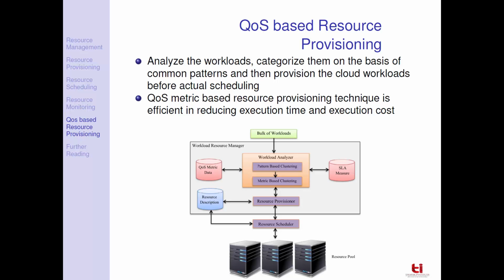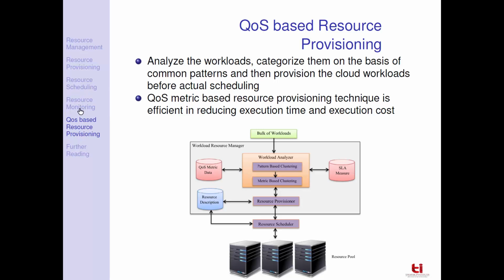To sum up, in this lecture we have studied resource management, which broadly has two components: resource provisioning and resource scheduling. We saw the objective of resource provisioning and the types of resource provisioning. We further saw the types of resource scheduling.